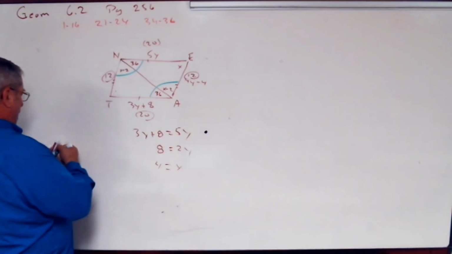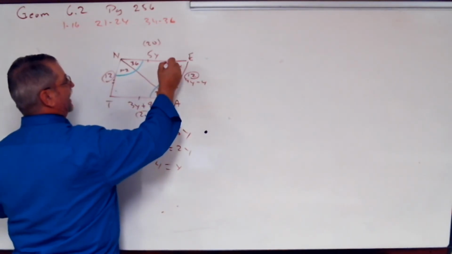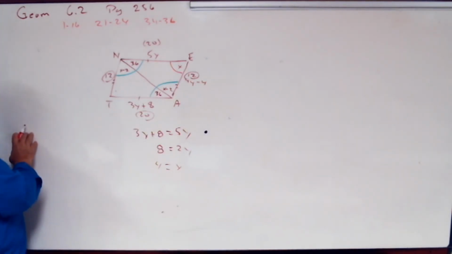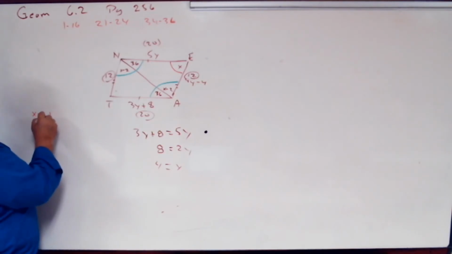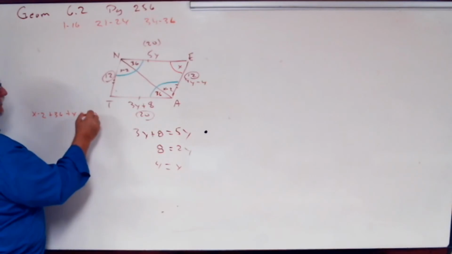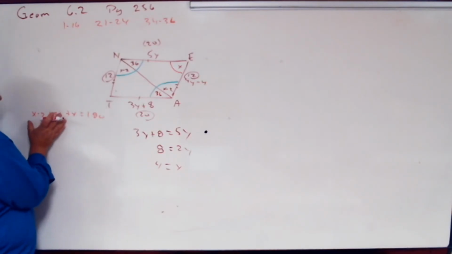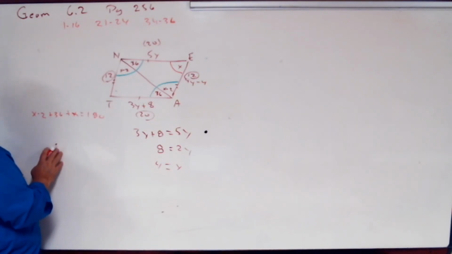If we go this angle plus this angle equals 180, because that's what we said also, supplementary. So x minus 2 plus 36 plus x equals 180. This angle plus this angle has to equal 180. That's what we said for parallelogram.